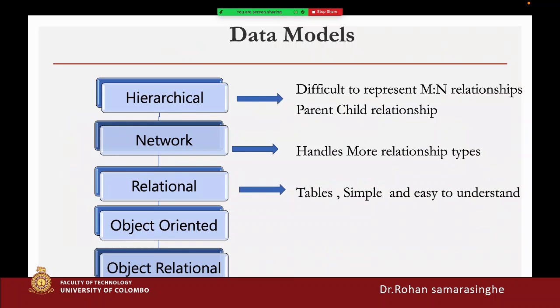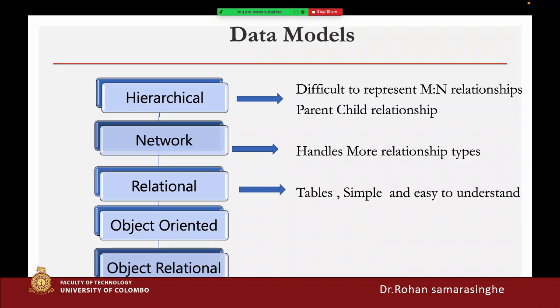You know that in the relational model, you can find one-to-one, one-to-many, and many-to-many relationships. I will explain what these relationships are later in this lecture. Since it is difficult to represent M to N relationships, we can only maintain the parent and child relationship.